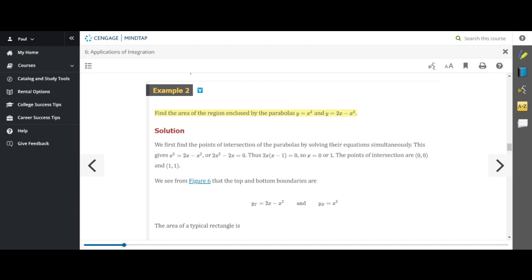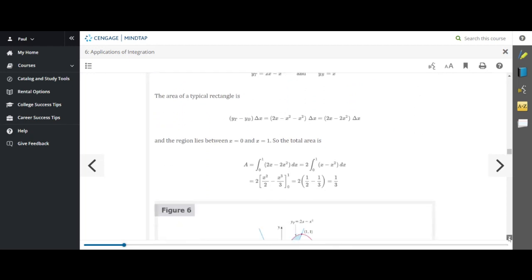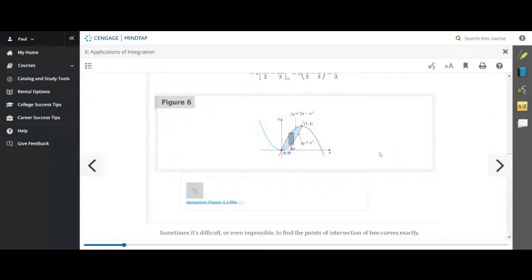If we graph these two functions, this is the picture here in figure 6. Clearly you can identify the top function as 2x minus x squared and the bottom function as x squared.